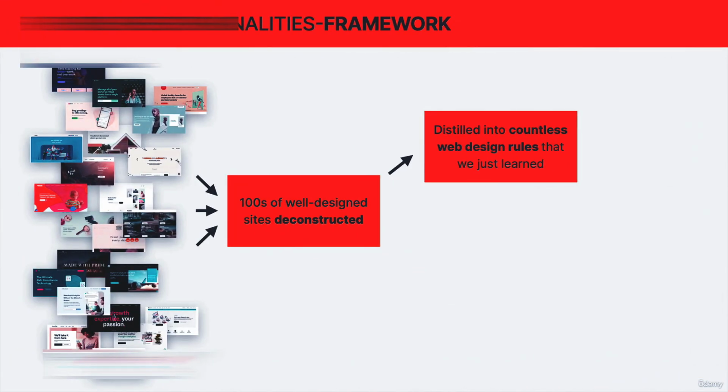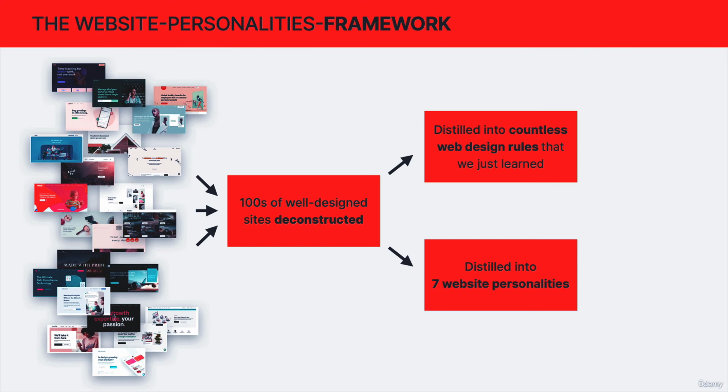So remember how I explained right in the first lecture of this section how I took hundreds, if not thousands, of well-designed websites and deconstructed them and distilled them into countless web design rules, which are the ones that we just learned throughout all this section. Now, what I also did was to distill all these websites that I analyzed into 7 different website personalities.